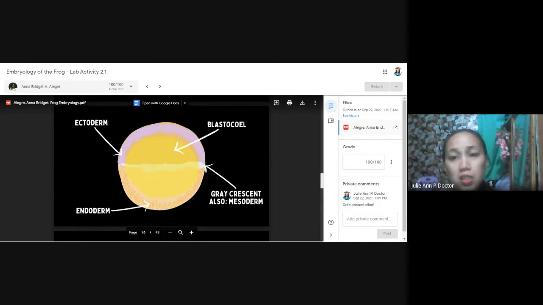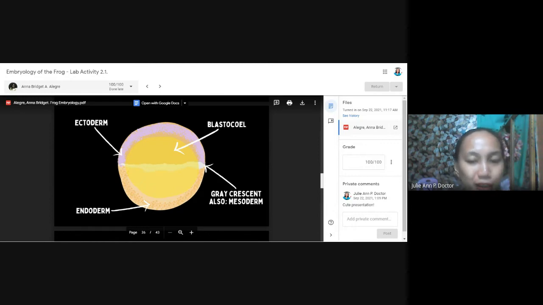We will tackle this in more detail when we talk about the different organs of the body. Okay, after the tissues, we have the organs. So they came from these germ layers, the ectoderm, endoderm, and mesoderm.